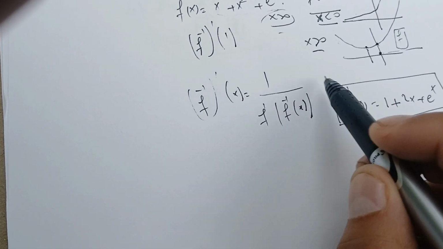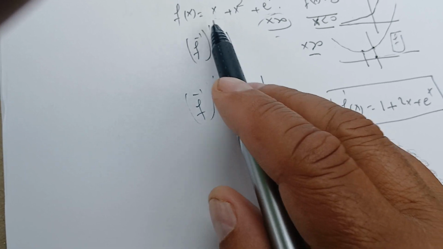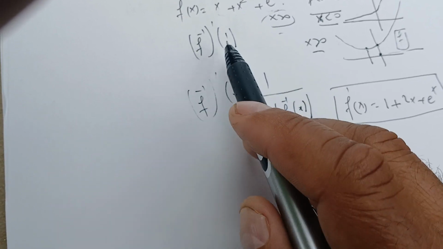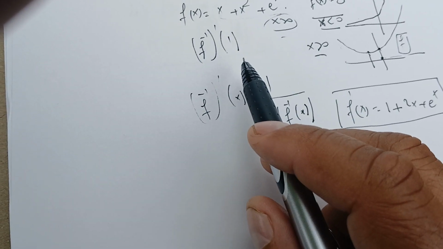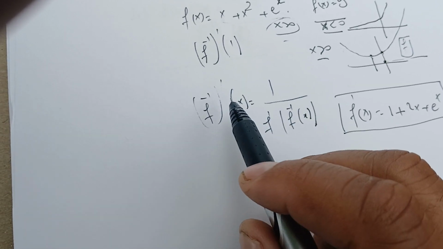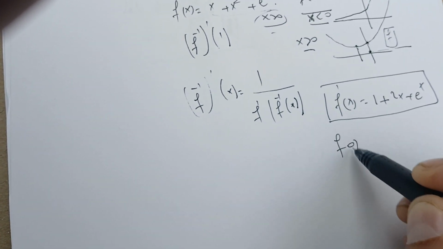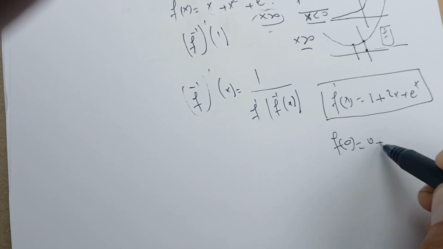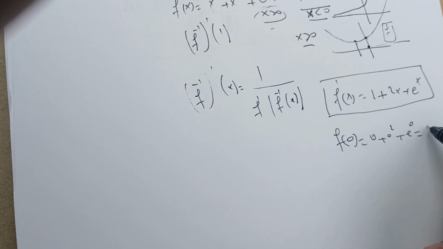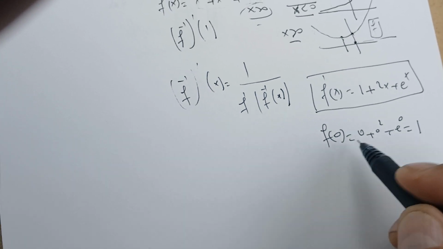Because we want to find the inverse function and find the image of 1. But note that f of 0 is 0 plus 0 squared plus e to the 0, which is 1.